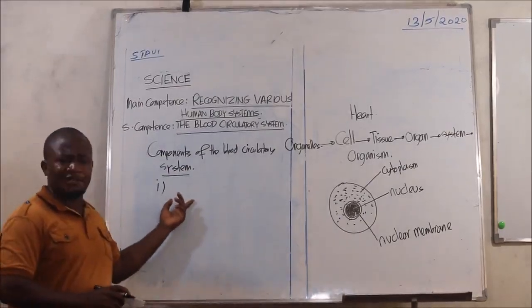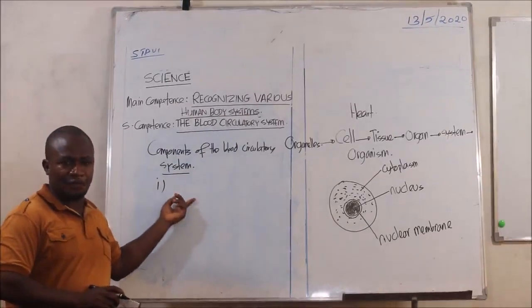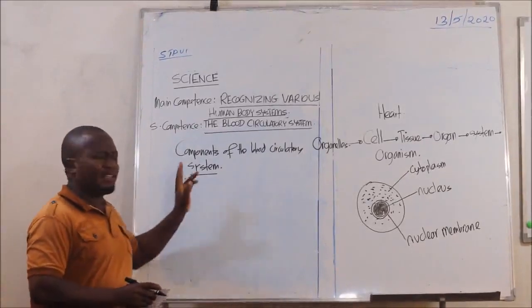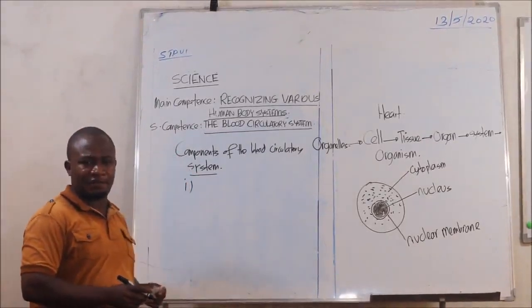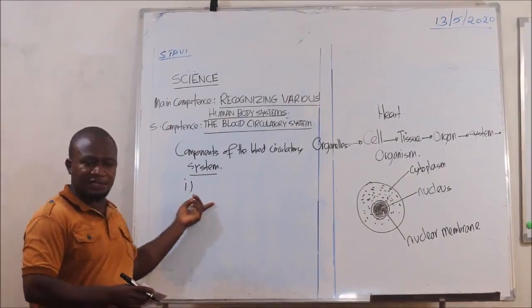So what makes the blood circulatory system? This is very, very important, and I want you to focus. Whoever is watching, please focus. Basically, there are three main components of the blood circulatory system.